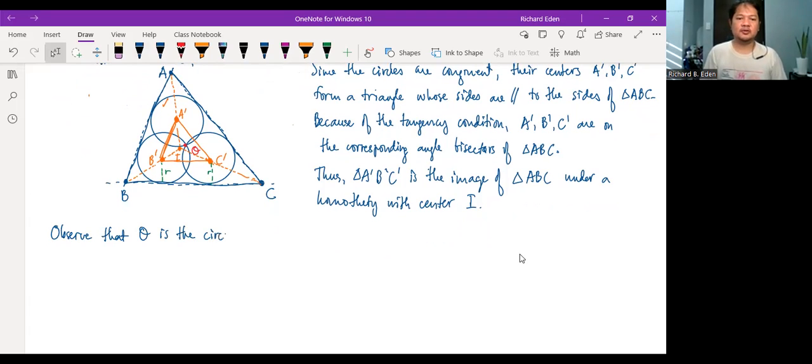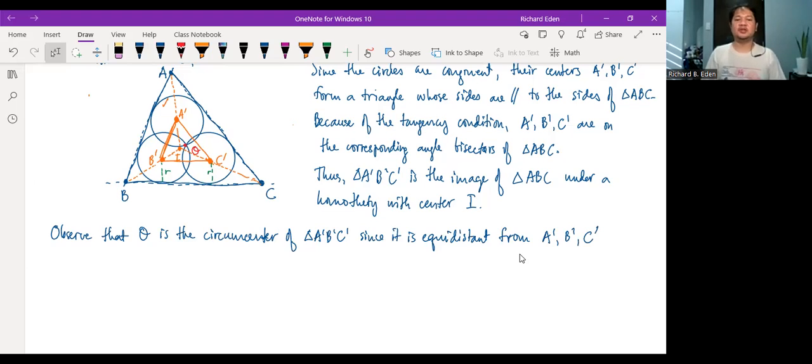Observe that O is the circumcenter of triangle A prime, B prime, C prime, since it is equidistant from A prime, B prime, C prime.